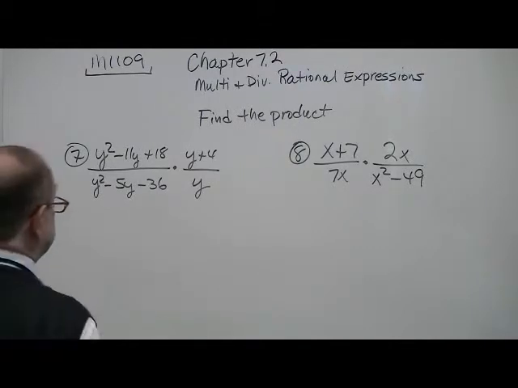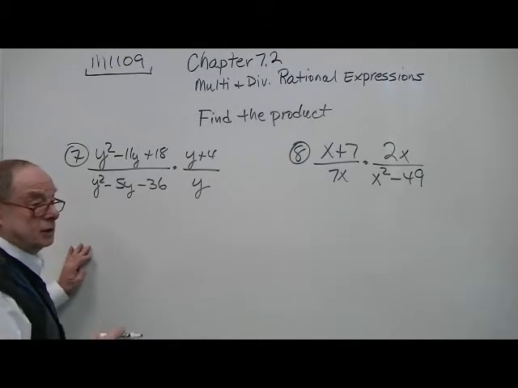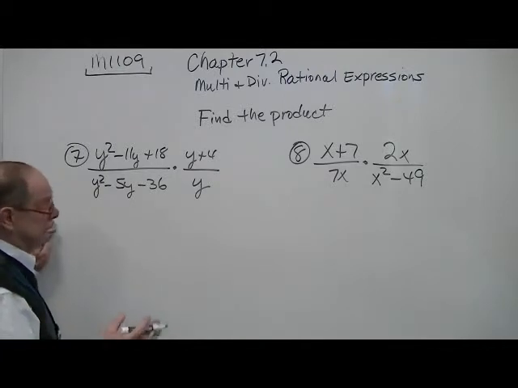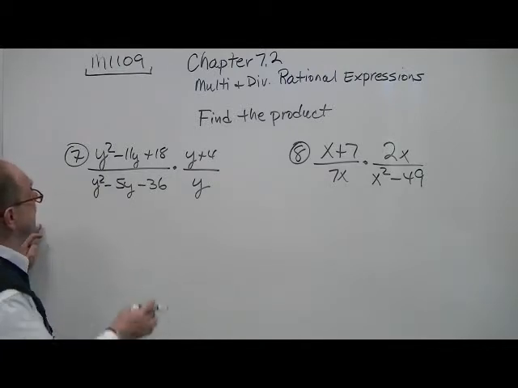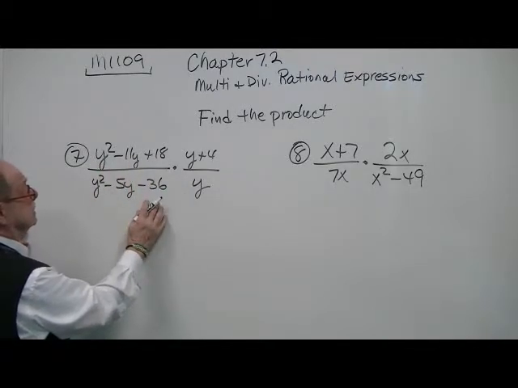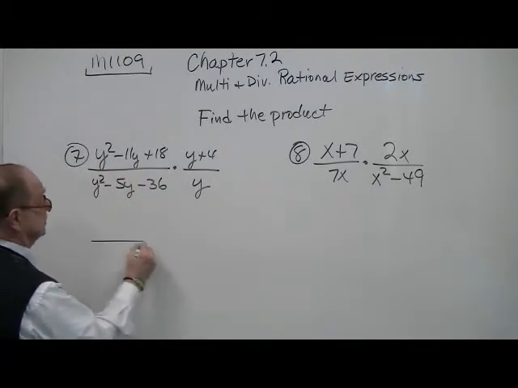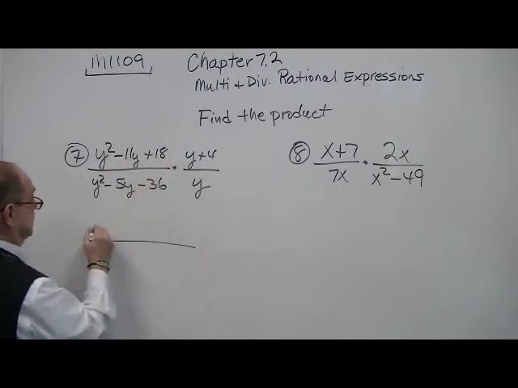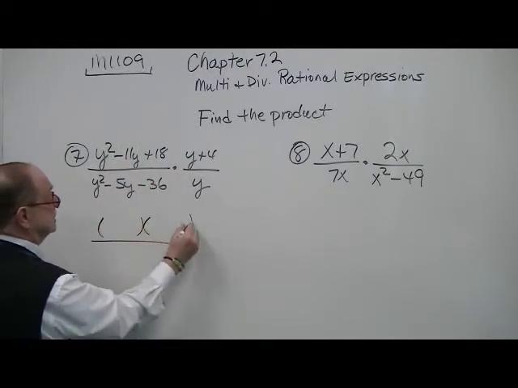You can see where your factoring skills from earlier chapters get used now. What we want to do is factor this, and that's what we'll do. No common factor, so 2 sets of parentheses.